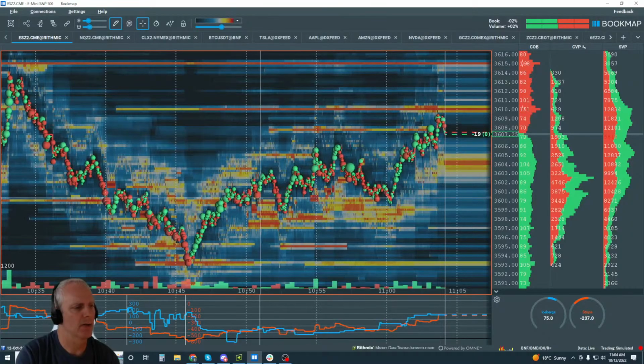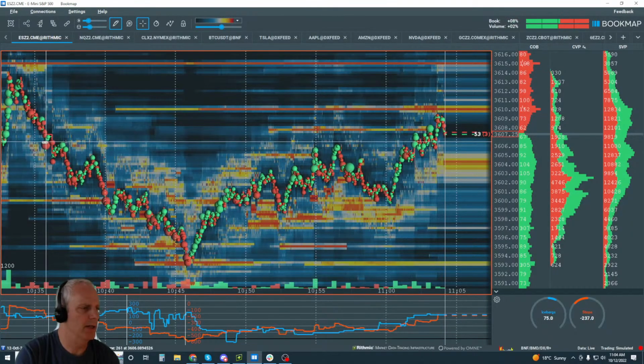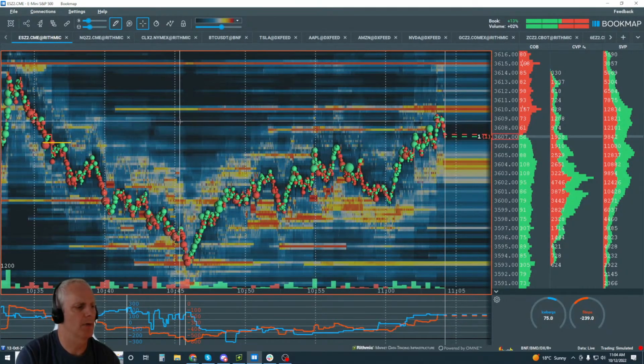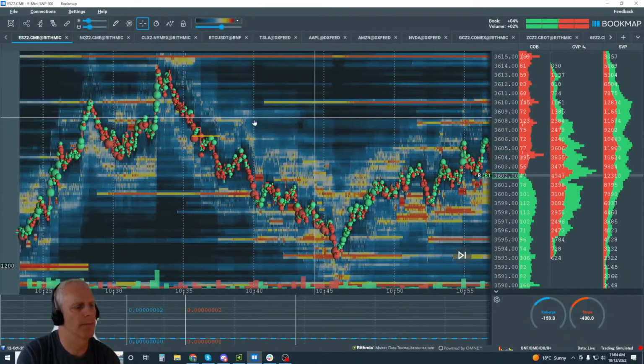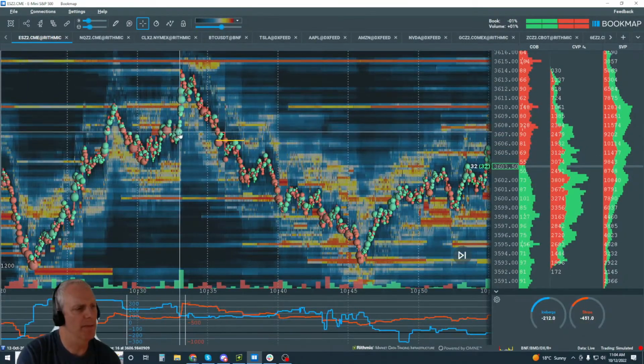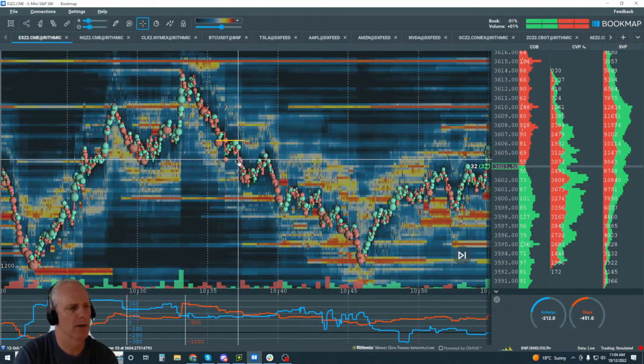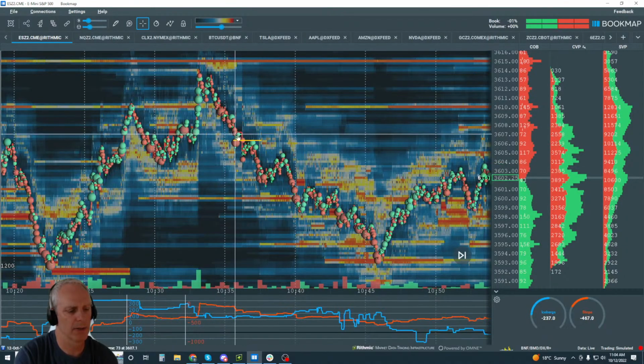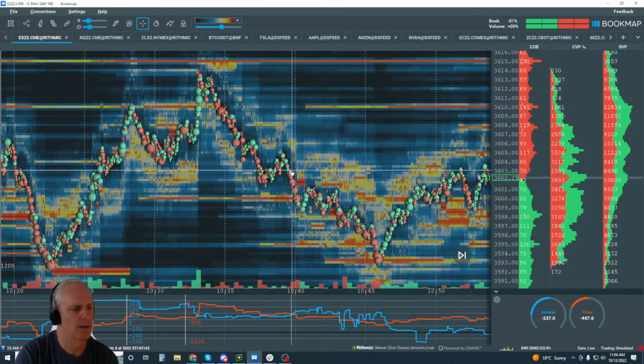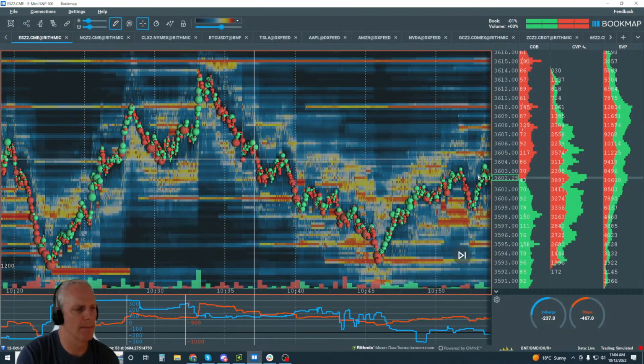All right, so we said in here, okay, we look for the sellers to come in below this area here. We saw that, and we look for the pullback actually here, right in here. I like these shortcuts. So we saw this move in here. And then we look for the pullback like right in here.